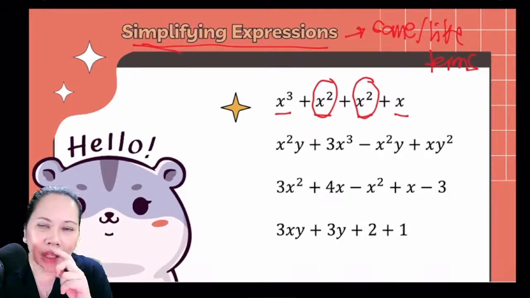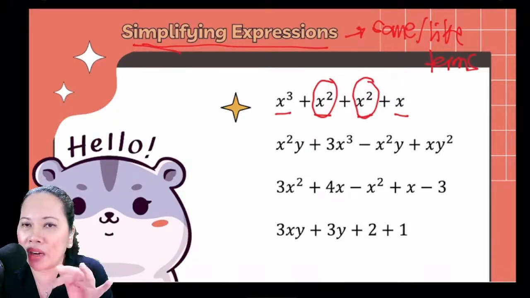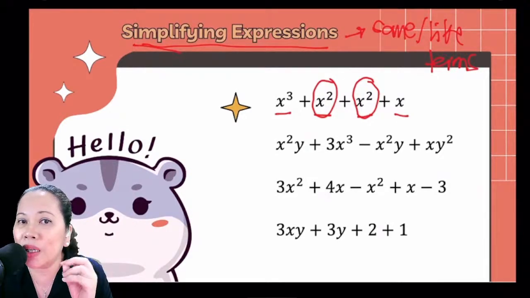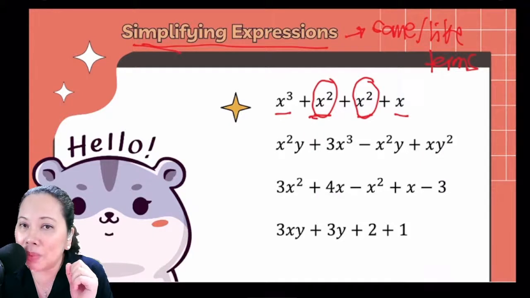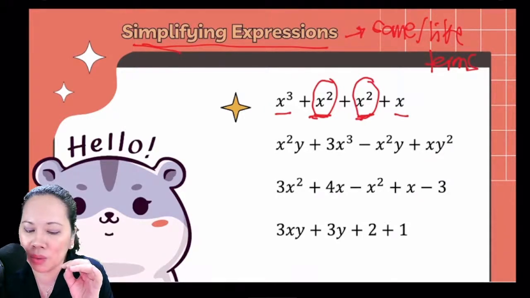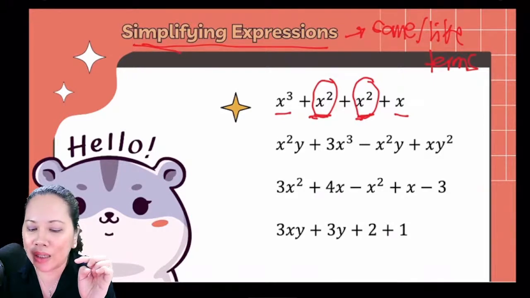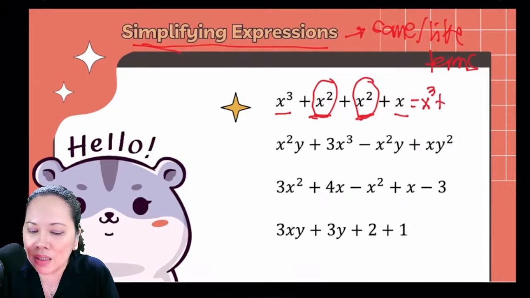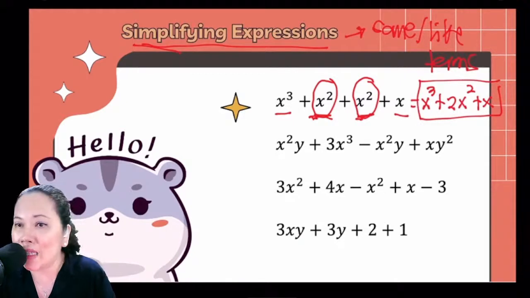Since they have the same variable and degree, you can combine them. If you do not see any number before a variable, it is understood that it is 1. So x squared plus x squared is 1 plus 1, which is 2. So the answer will be x cubed plus 2x squared plus x.